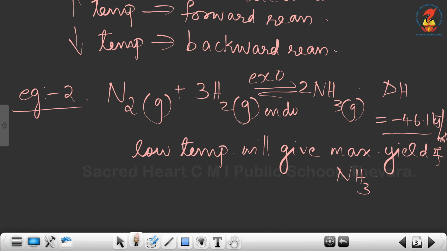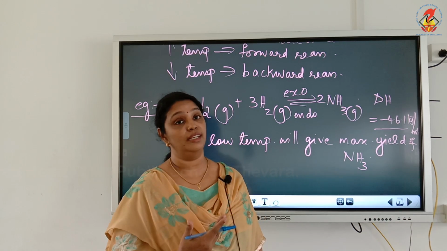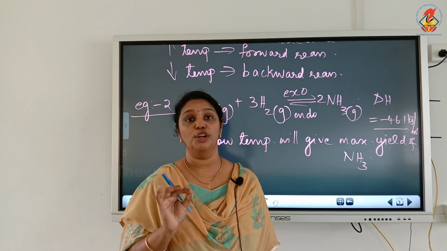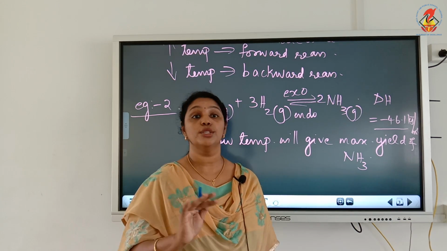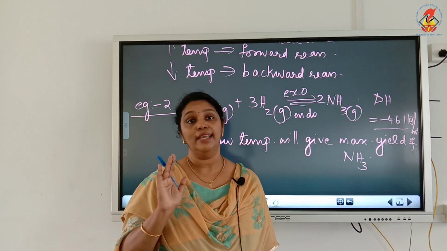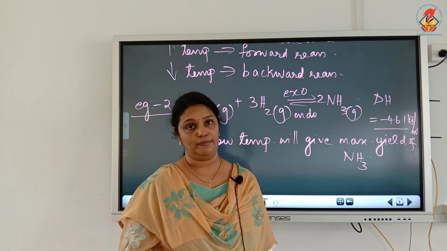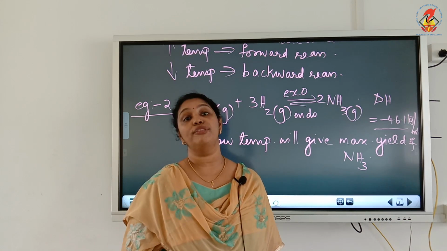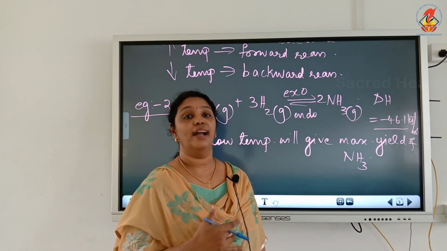So when you manufacture ammonia gas, this is one of the very important conditions to be noticed: low temperature favors the formation of ammonia gas because the delta H value is negative. So the forward reaction is exothermic, and exothermic reactions take place at low temperature. Now the backward reaction is endothermic, meaning decomposition of ammonia into nitrogen and hydrogen gas takes place at high temperature.